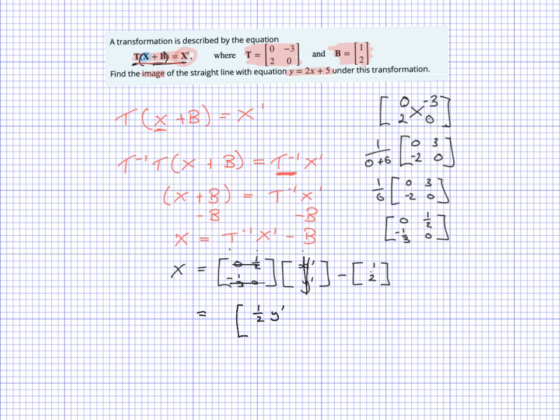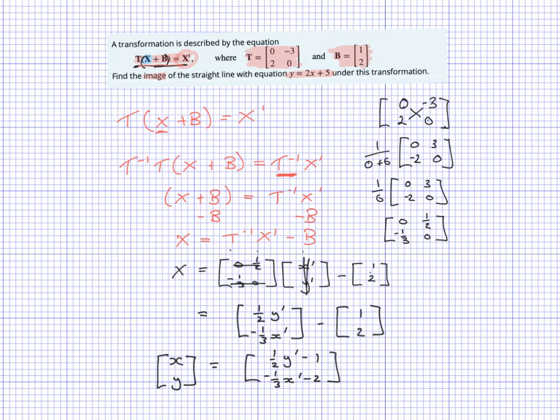Rows by columns is going to be minus a third x image minus the translation matrix. I keep putting a fraction sign in there, you don't need to. And so the final thing is going to be 1/2 y image minus 1 over minus a third x image minus 2. So this is the original point, like so, here.